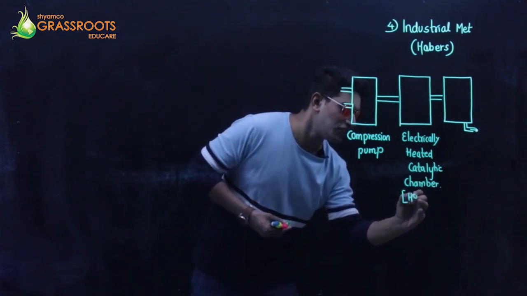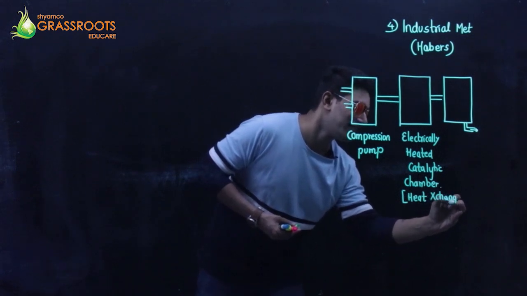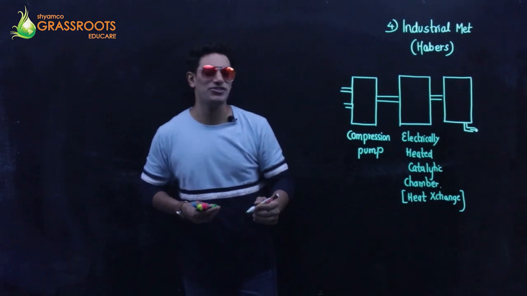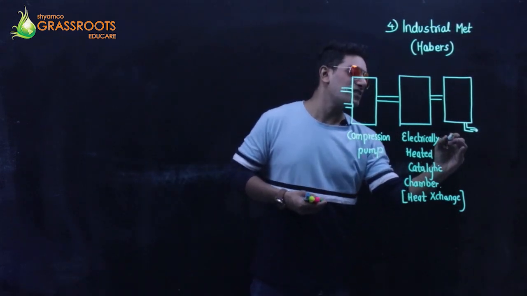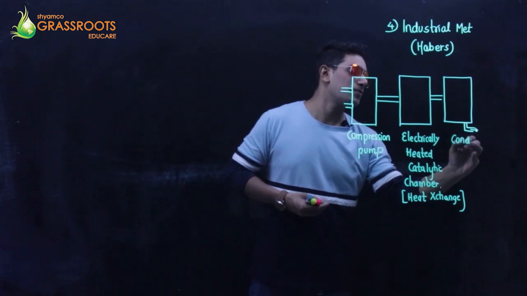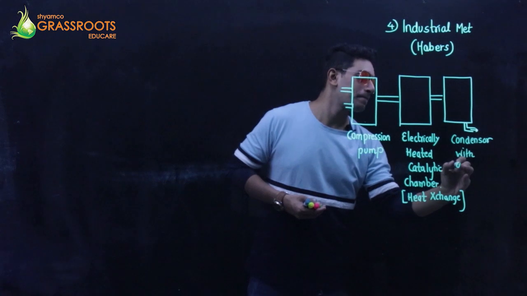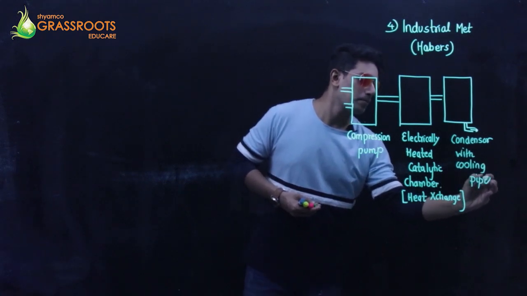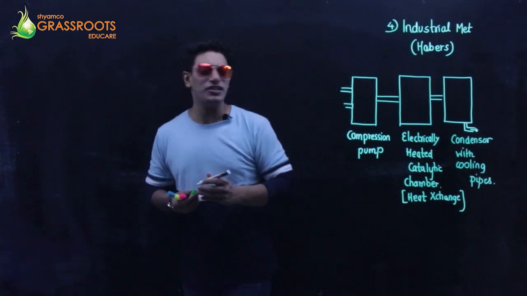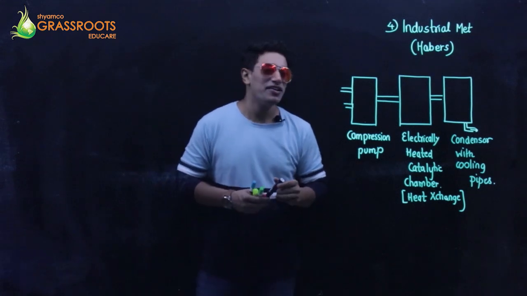With heat exchanger. And look at the spelling, nice that. Sometimes for a change, people write exchange. Don't do this in the exam, right? Exchanger. And this is the condenser with cooling pipes. Right, so these are basically the three chambers which are involved in the Haber's process.